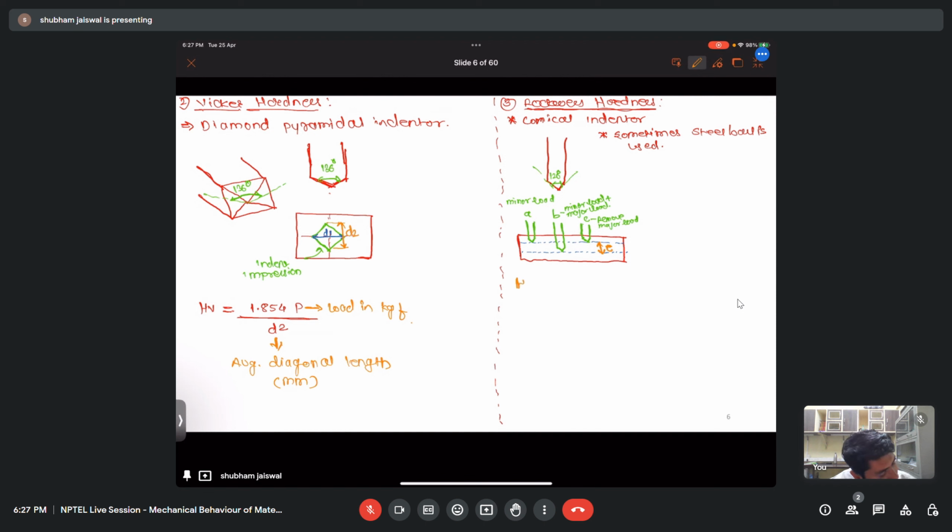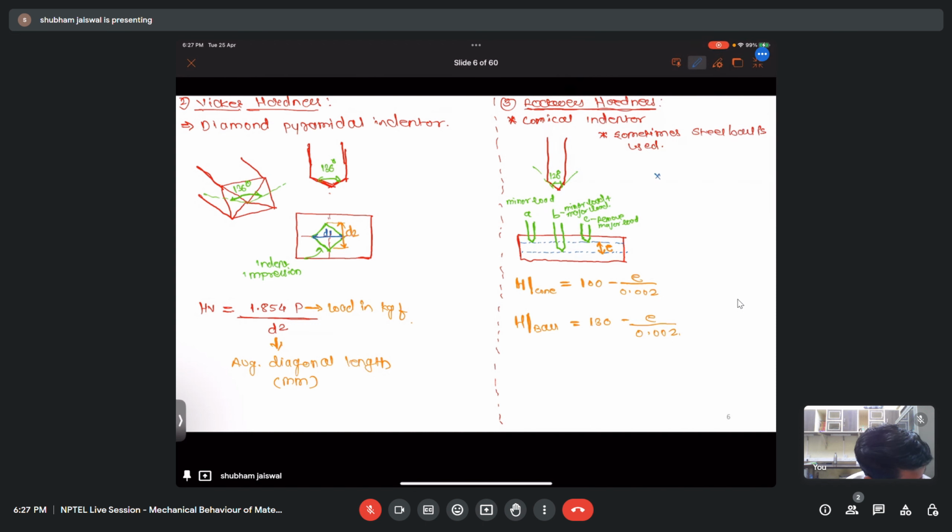If we use a cone indenter, then we'll get hardness from this formula: 100 minus E upon 0.002, or hardness for the ball indenter will be 130 minus E upon 0.002.